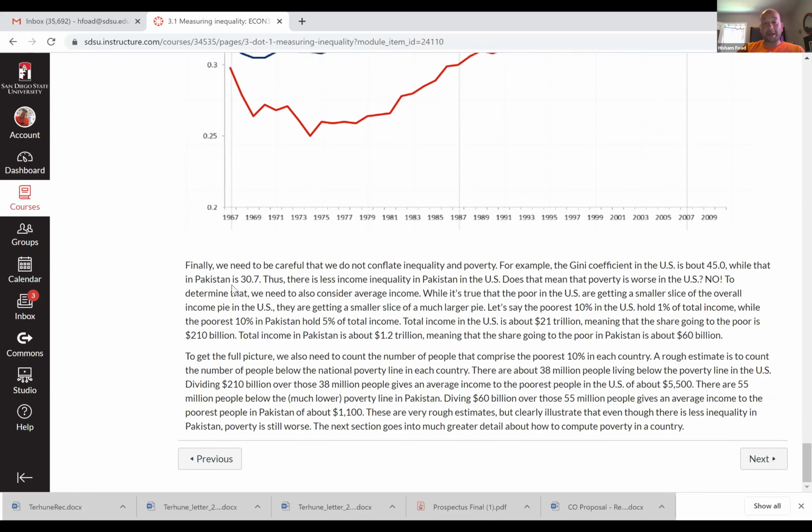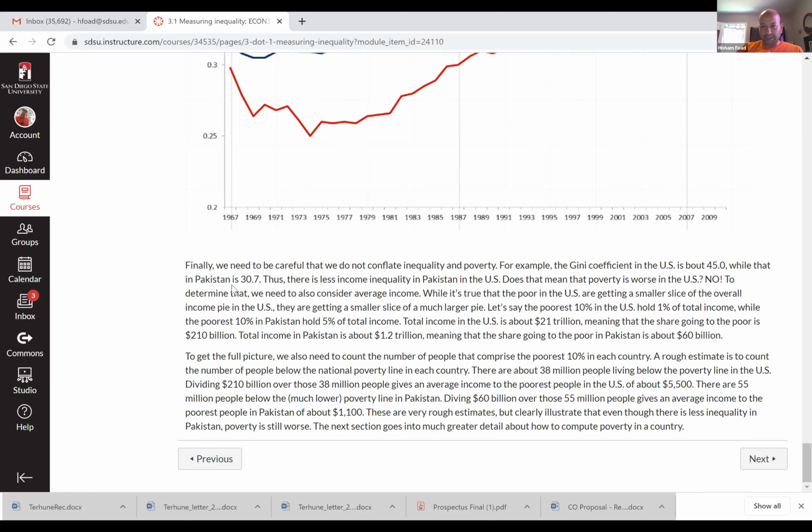Even though the poor in Pakistan have a larger share of total income, they're getting a larger share of a much smaller pie. Right? So total income in the US is much bigger than total income in Pakistan. And so even if the poor are getting twice as much of the income share in Pakistan as the poor in the US, it's a bigger amount of income that the poor in the US are still getting.